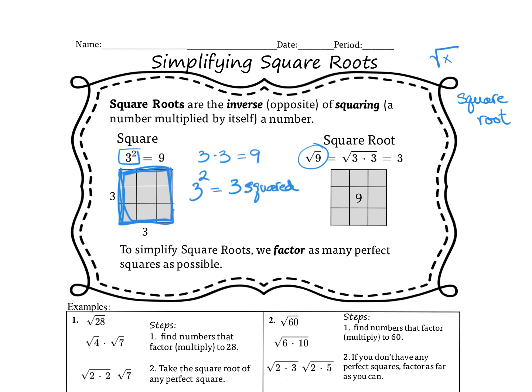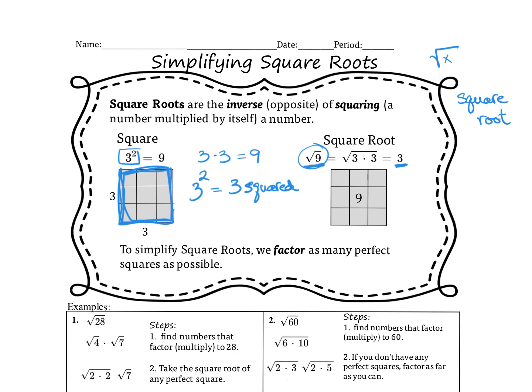Okay. Now, the opposite of squaring a number is to take the square root. So if you notice here, if I take the square root of the 9, which is the number of units in my square, the square root of that is 3, because 3 times 3 is 9.